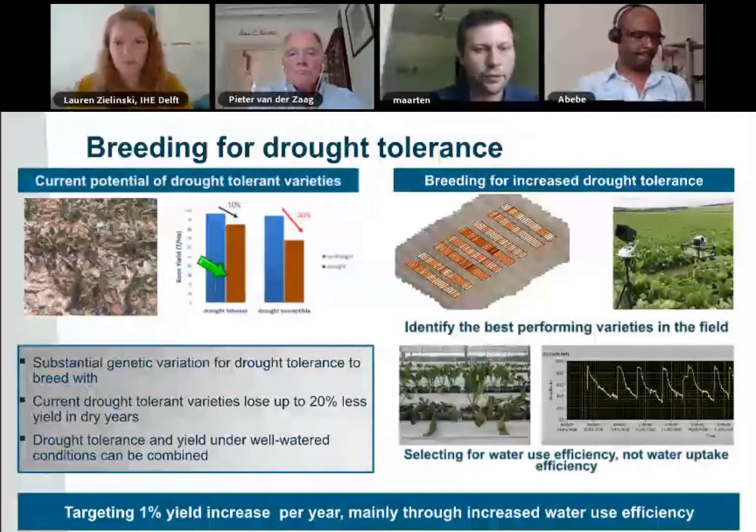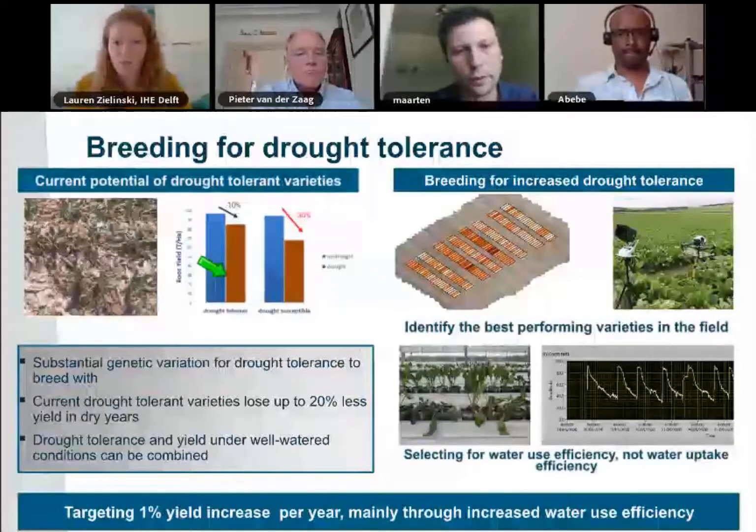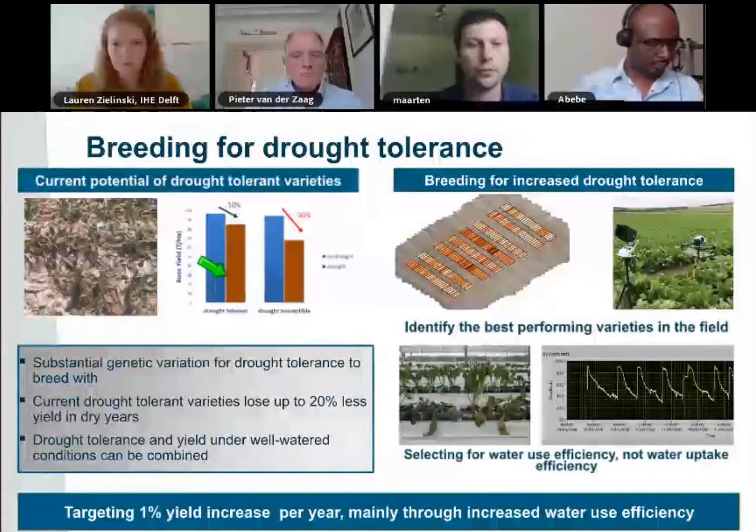And so we have intensified our breeding programs for drought tolerance as well. We start with identifying the best performing varieties under drought in the fields, heavily relying on remote sensing technologies for that.